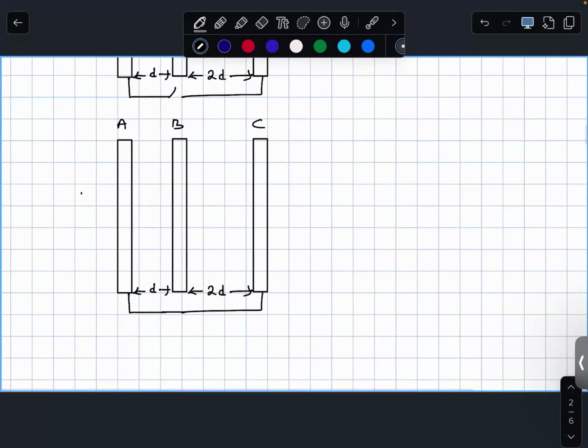So obviously minus q by 2, minus q by 2.